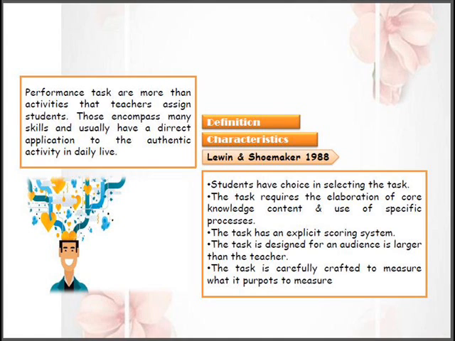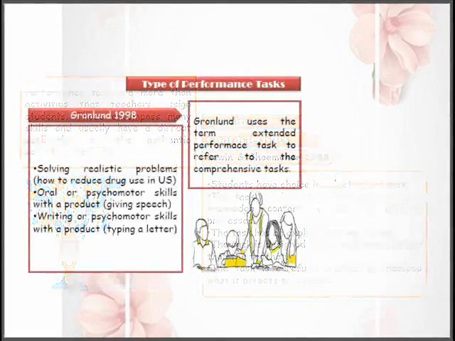The third one, the task has an explicit scoring system. The fourth, the task is designed for an audience larger than the teacher. And the last one, the task is carefully crafted to measure what is proposed to measure.